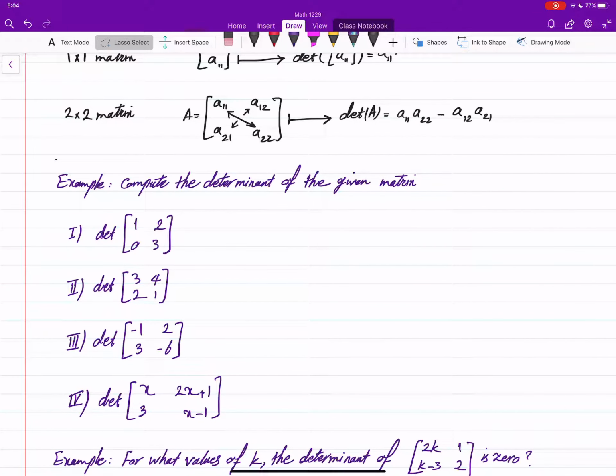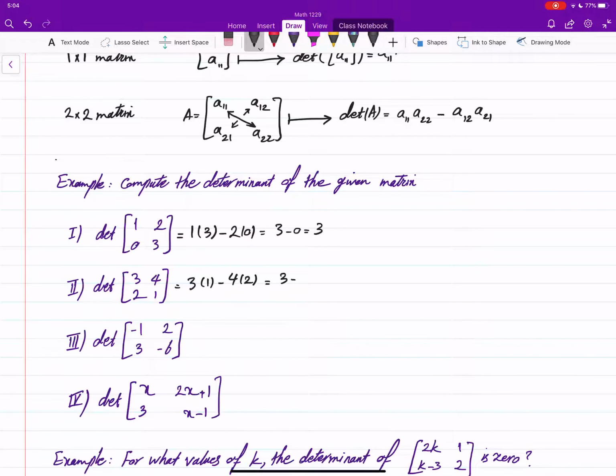Let's just do some examples before we finish this video. So here we have a 2 by 2 matrix. The determinant is you multiply entries on the main diagonal minus entries off diagonal. So this is 3 minus 0, which is 3. Just one number. Determinant of any square matrix is a number. Here, this is 3 times 1 minus 4 times 2.